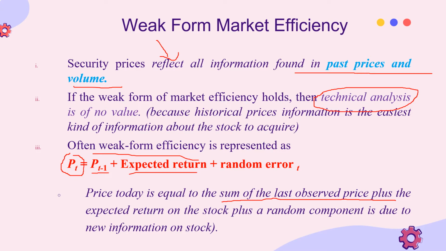Expected return kena ada dalam share price untuk today, sebab kalau tak ada expected return takkan adalah investor nak invest dekat kita. And then plus random error. So random error is a random component due to the new information on the stock, which sometimes boleh jadi positive, sometimes boleh jadi negative. Apa positive? Positive is good news and negative is bad news.